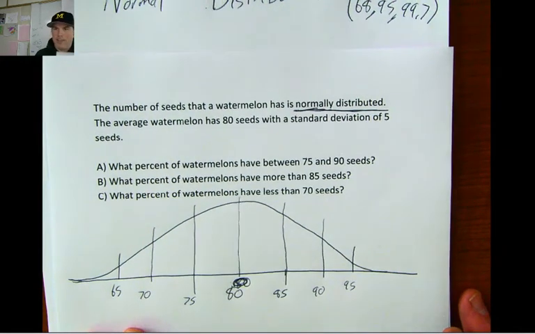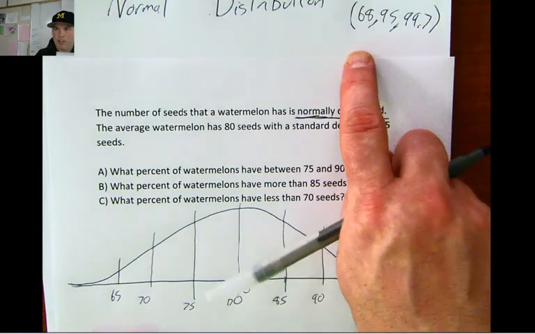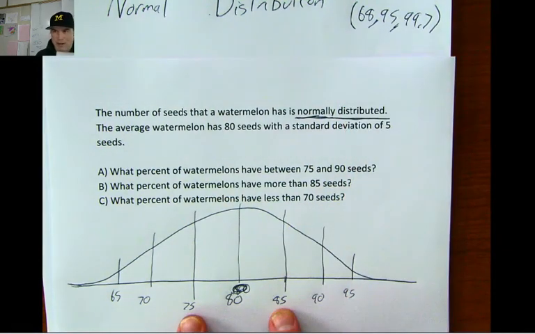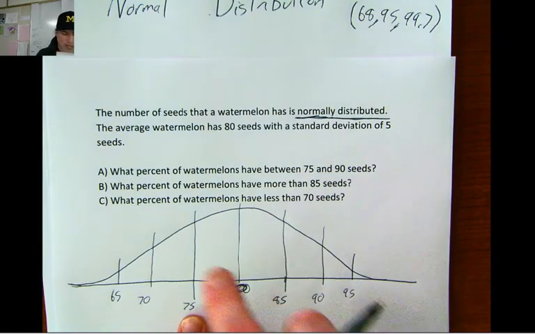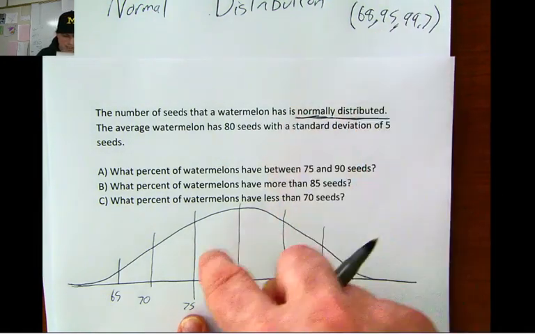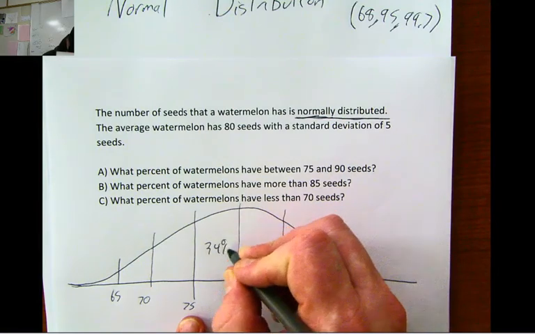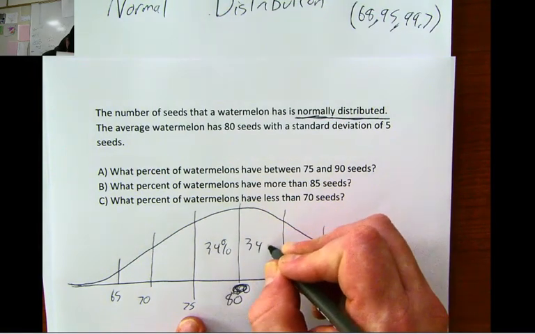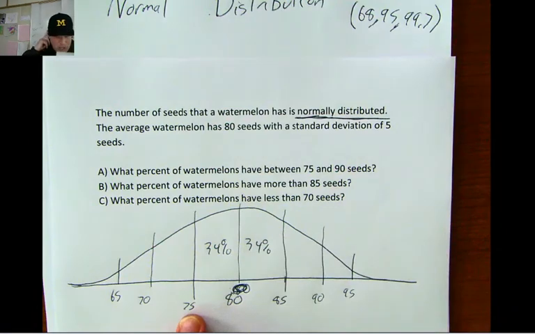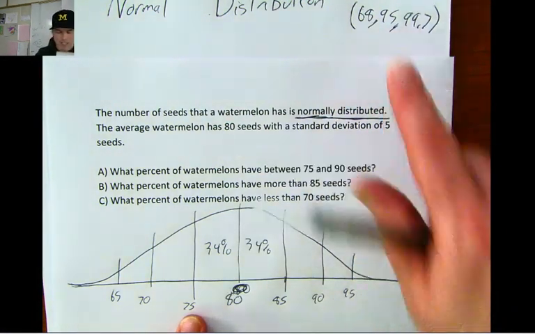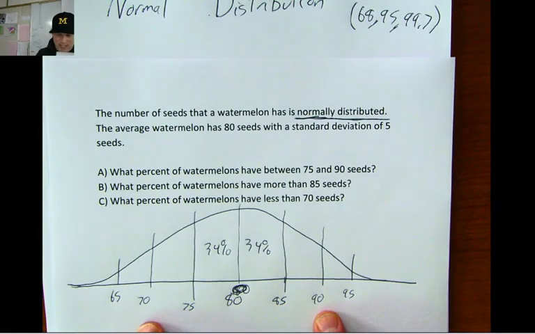And what the 68 means is that 68% of the data falls within one standard deviation. And the 68% gets split up amongst these two. So you have a 34% here and a 34% there. 95% of the data fits within 2 standard deviations.